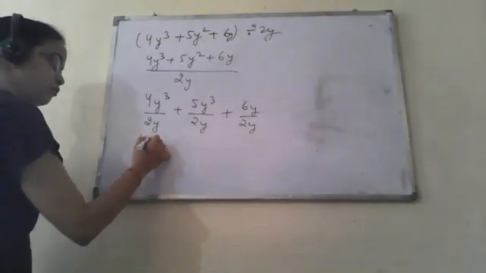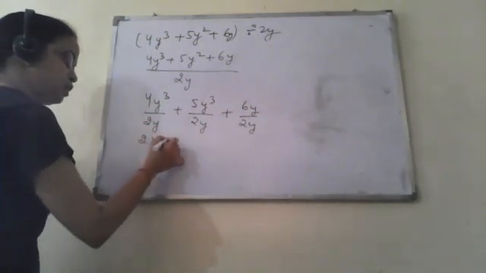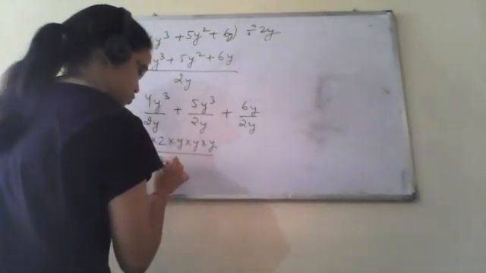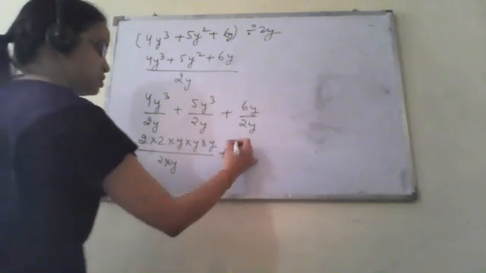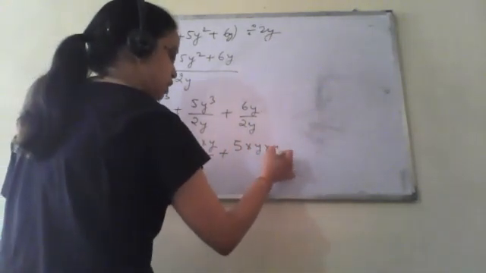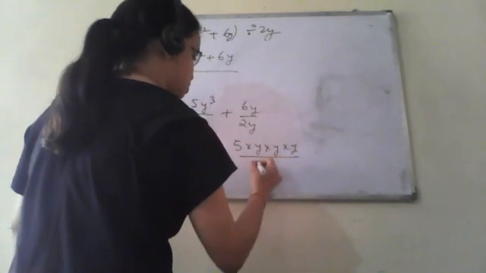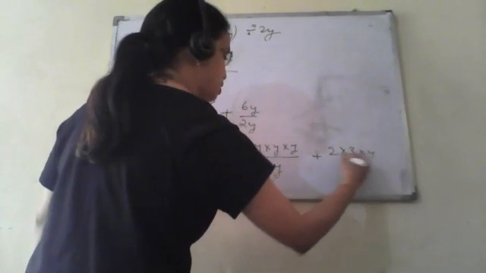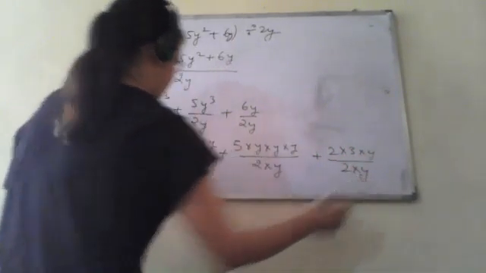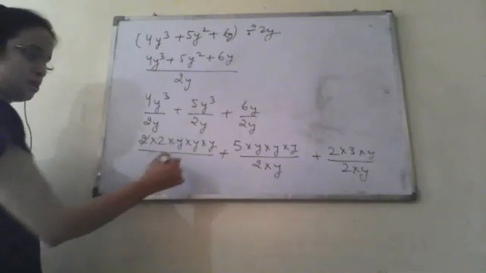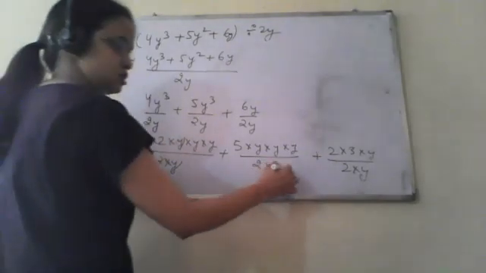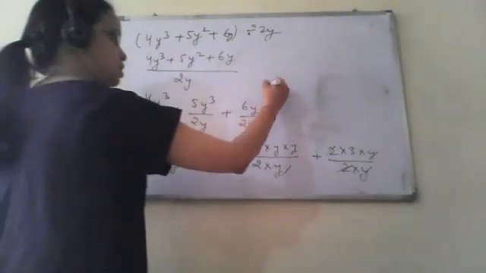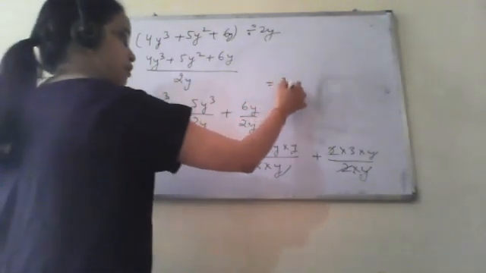Now 2 into 2 into y into y into y over 2 into y, plus 5 into y into y over 2 into y, plus 2 into 3 into y over 2 into y. Now this is cancelled out, this is cancelled out, and this. So what is left in this term? Here it is 2 and y square.